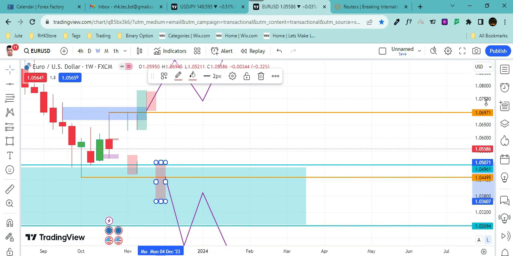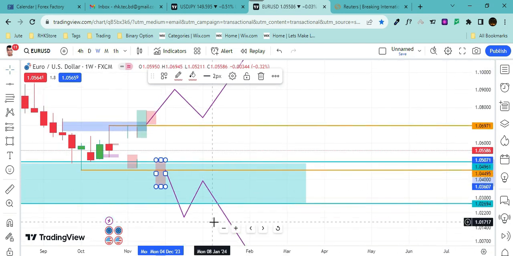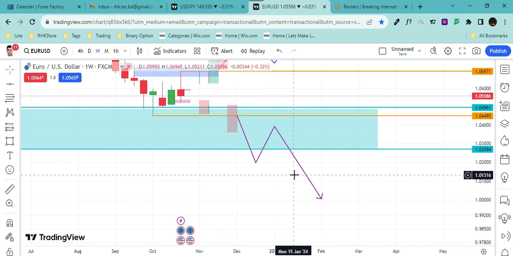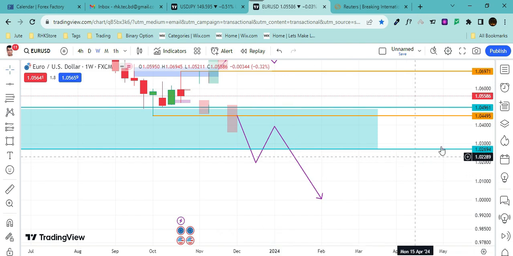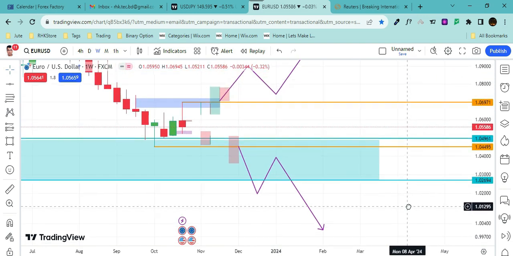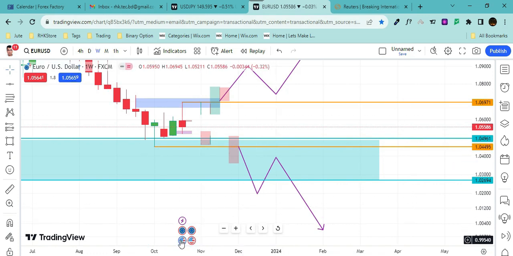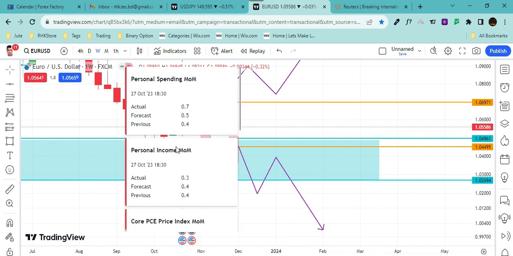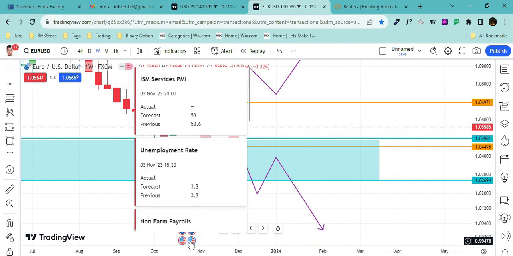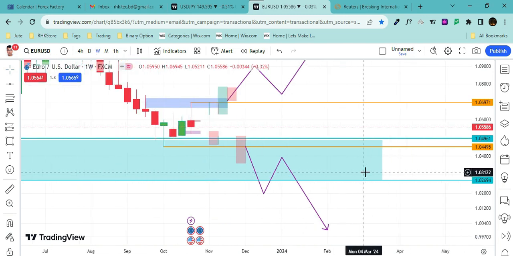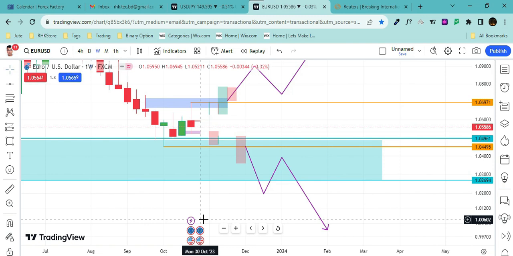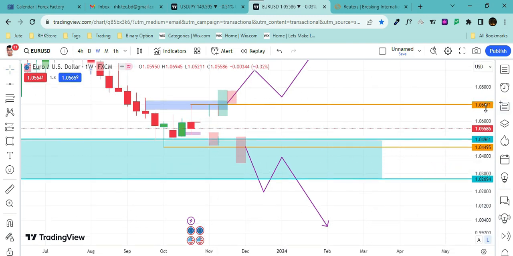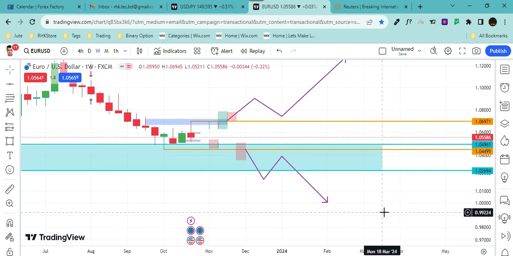Now coming back to the fundamentals, I have to mention next week is very vital, for two reasons. One is for the Japanese yen, which is not applicable here, but the second is the US interest rate declaration, I think on 4th November.